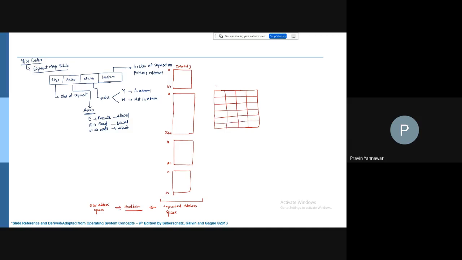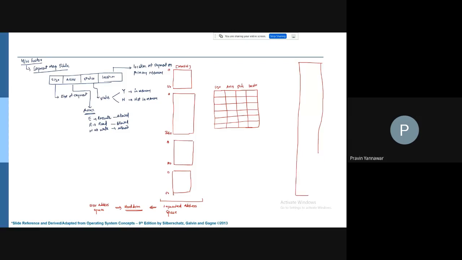You have got the size, then access, status, and location.